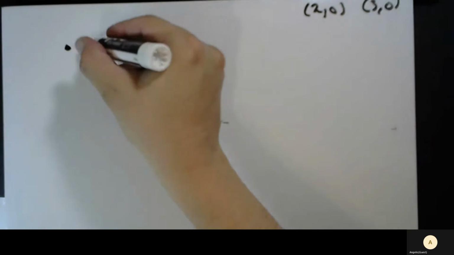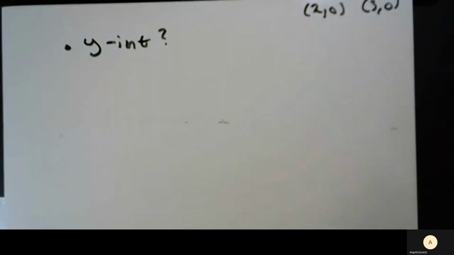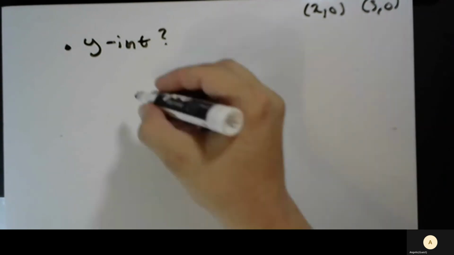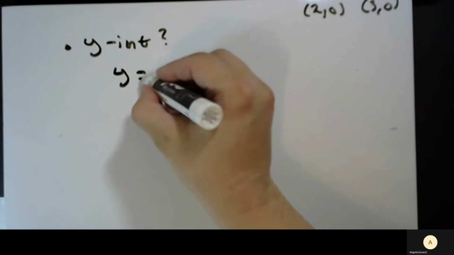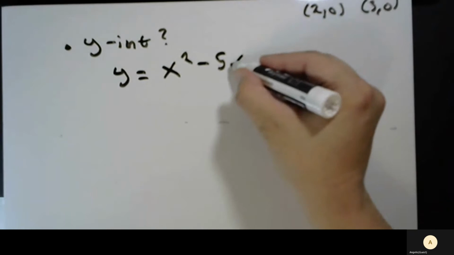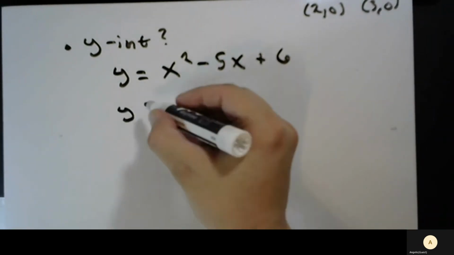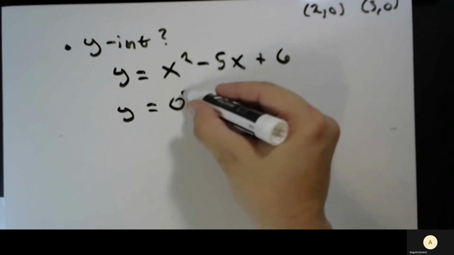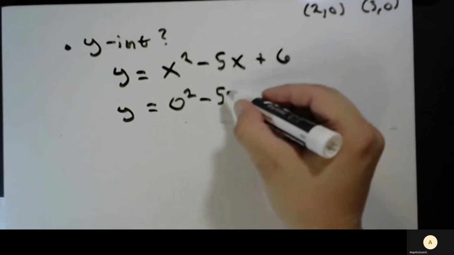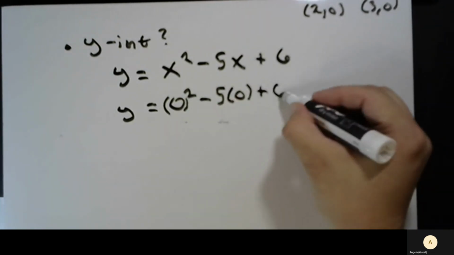So let's find the y-intercept. Now recall, for the y-intercept, we're going to let x be 0 and then solve for y. So we'll call this, instead of f of x equals, y equals. So for y-intercept, x will be 0, 0 squared, plus 6.